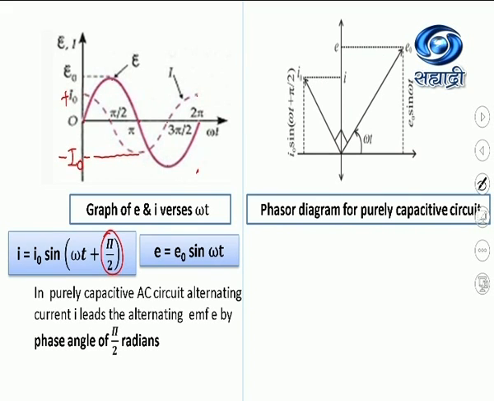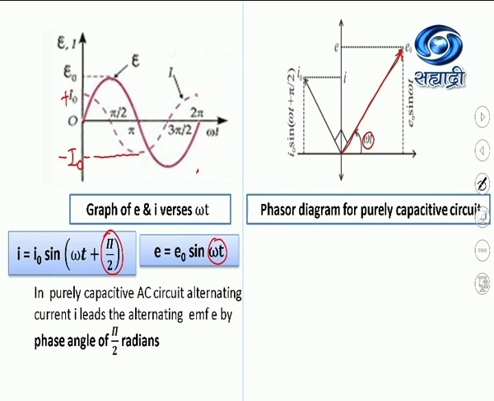If we show the phasor diagram for a purely capacitive circuit, then we represent the EMF with the help of a phasor, and this is the vector. Now for the EMF, what is the phase? Omega t. That's why this phasor will make an angle omega t in the anti-clockwise direction with the horizontal.